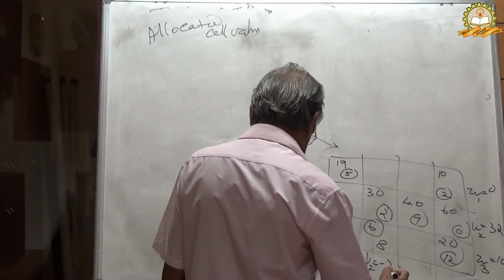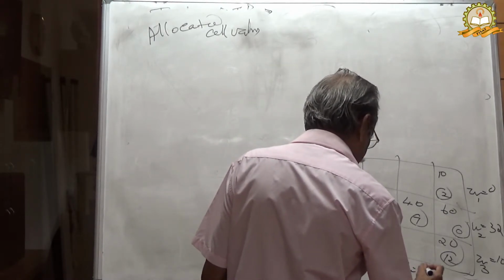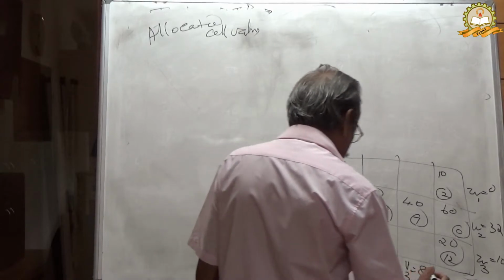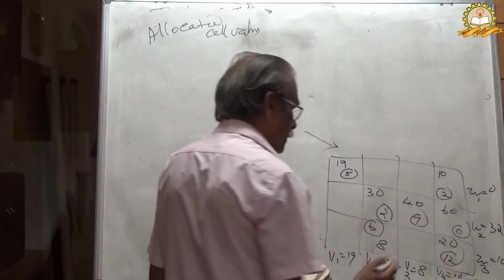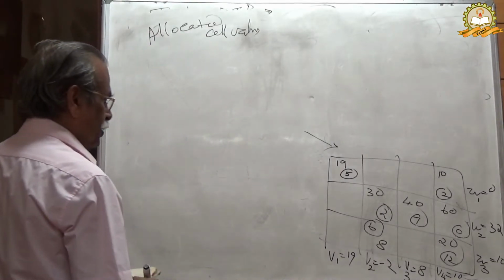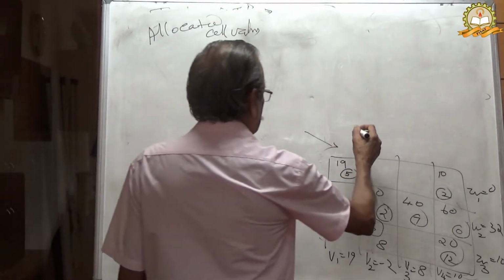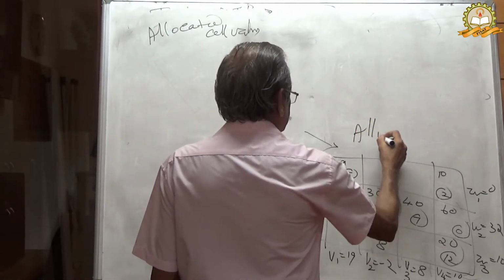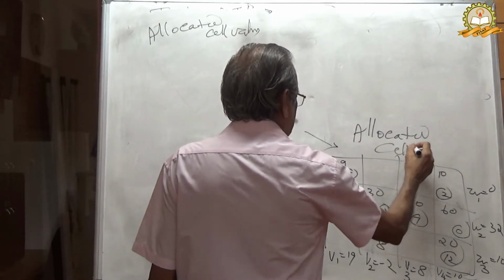You can try that. v3 equal to 8 and v4 equal to 10. By applying u1, u2, u3, v1, v2, v3, and so on, these are the allocated cells' cell values.